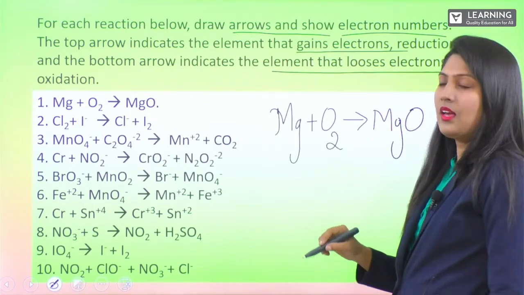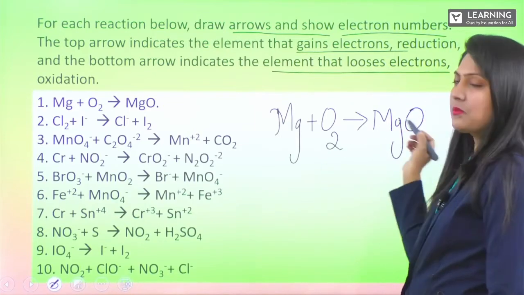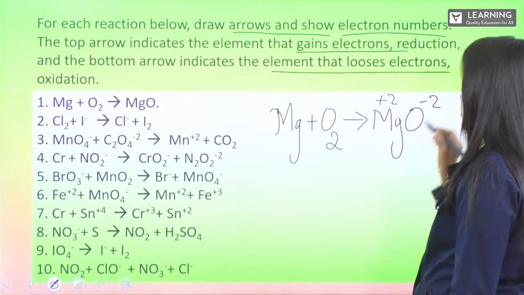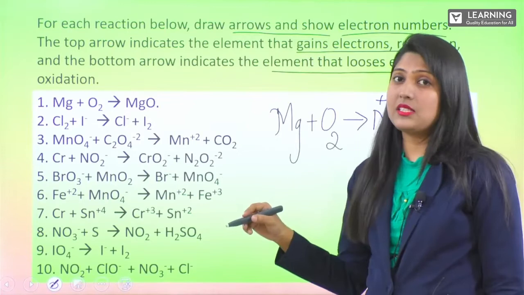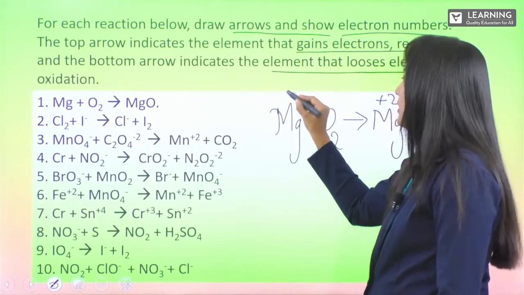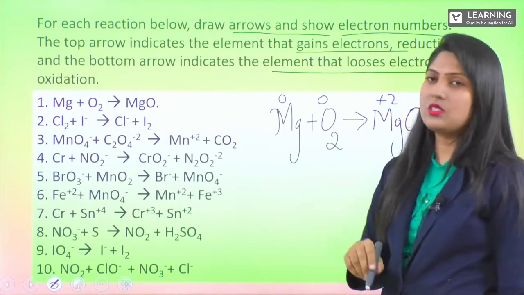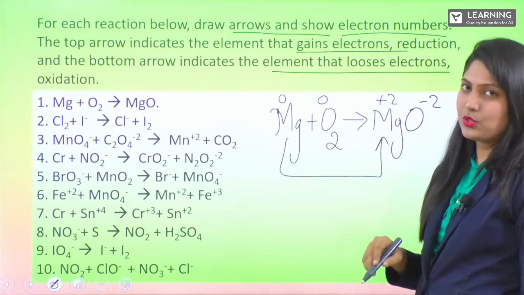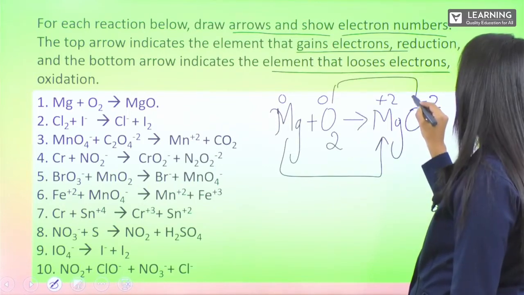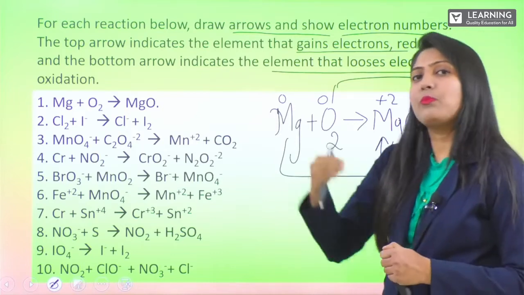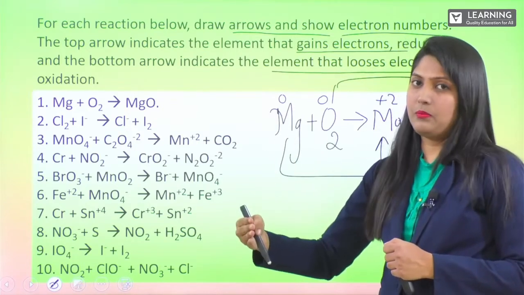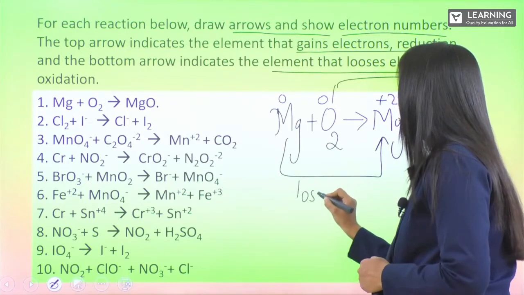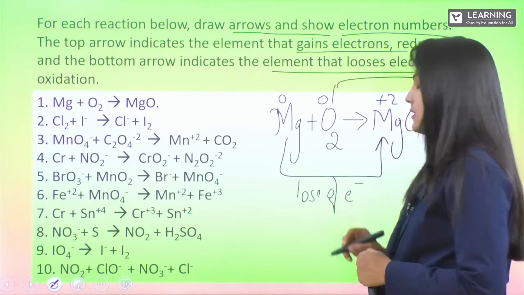Here students, as we know, magnesium, when it is reacting with oxygen, it will have +2 state and oxygen will have -2 state. But as I already stated, in elementary forms, the elements will have 0 oxidation state. That means magnesium has changed from 0 to +2 and oxygen has changed from 0 to -2. So if it is 0 to positive, or an increase in oxidation number, that means loss of electrons is taking place.